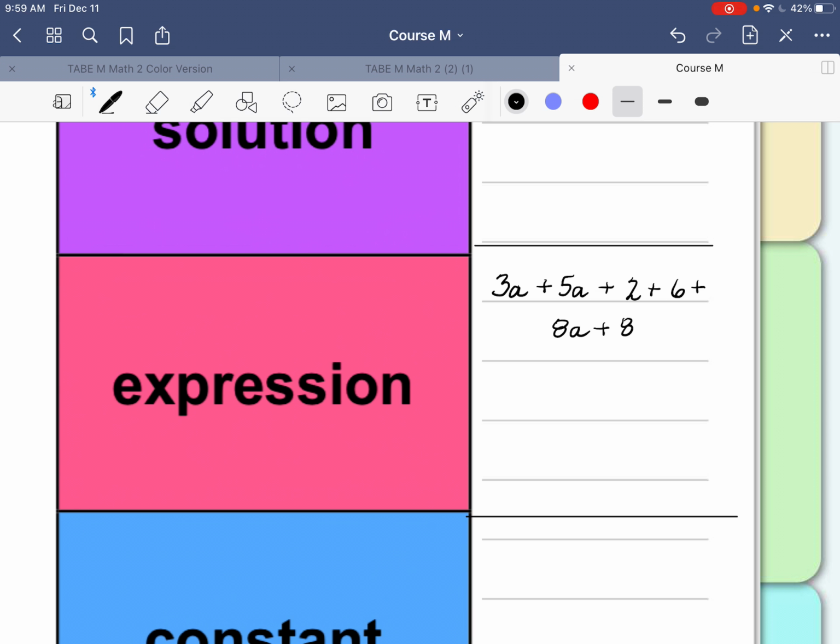It is an expression with how many terms? Let's count them. I'm going to erase these highlight marks, but let's count them. Here's 1, 2, 3, 4, 5, 6 terms. So I would call this an expression with 6 terms.